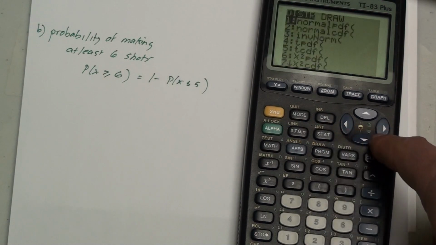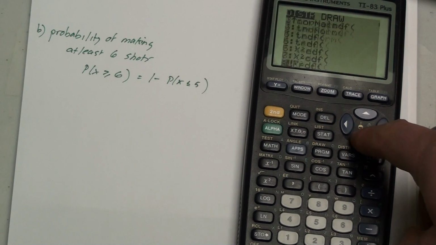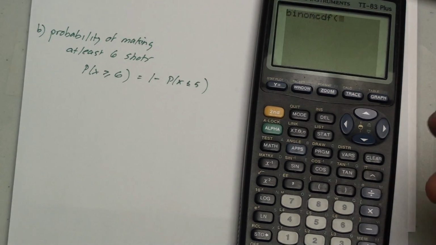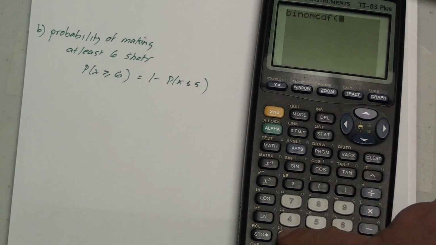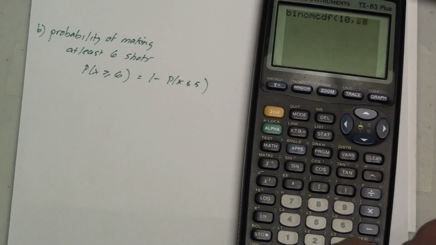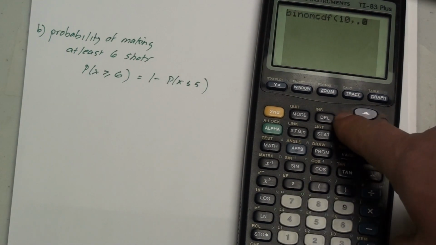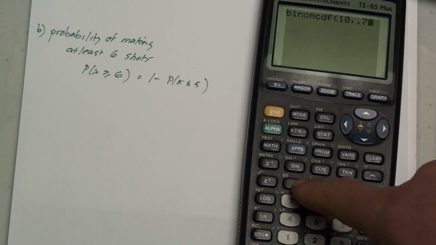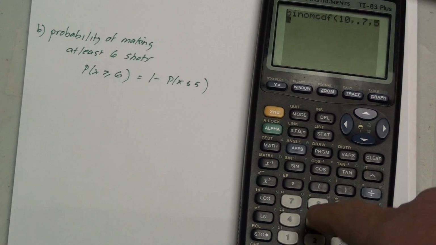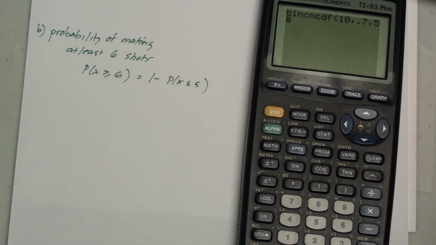Same steps: second, distribution, go down to Binomial CDF, hit enter, and put in my values. I have 10 trials, my probability of success is still 0.7, with commas in between, and this time I put in 5, because I want greater than or equal to 6, which means I find the value of less than or equal to 5, which was 15%.